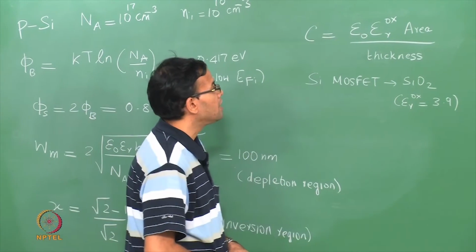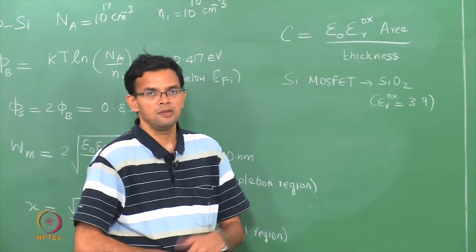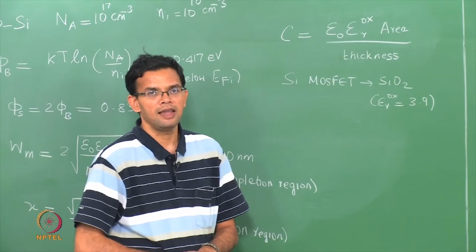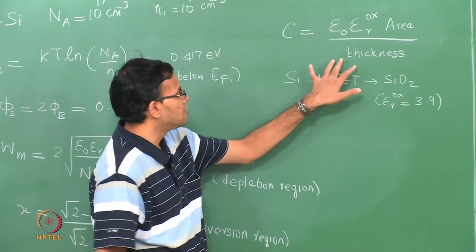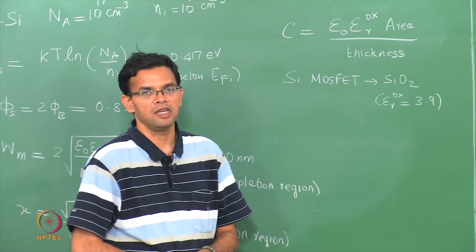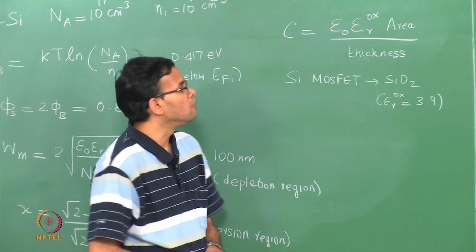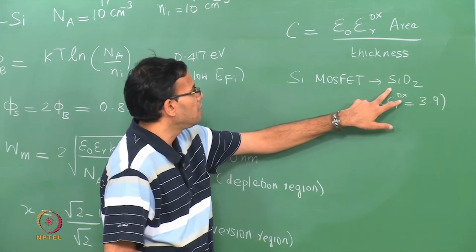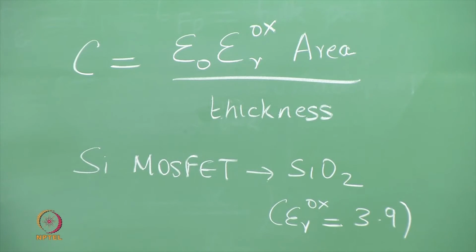In order to prevent that, the oxide layer is replaced by other high K dielectric materials. So, you can still have a reasonable thickness while at the same time having a higher capacitance. So, we replace the silicon dioxide with other materials with a higher epsilon r.